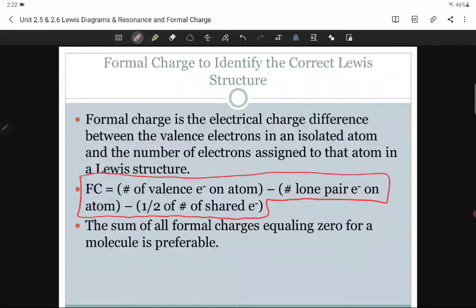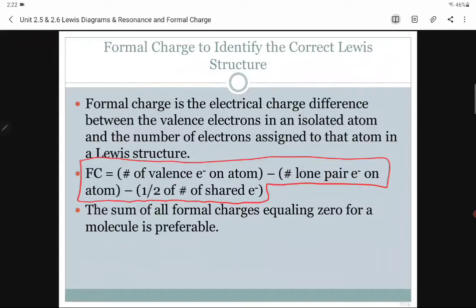And you'll look at all the formal charge atoms that are in that molecule, and you can kind of add them up if you want to, or just look at them compared to the other structures that you might draw. And the more zeros, the closer you are to zero, the better. Okay? And that may not make a lot of sense till we try one of these.